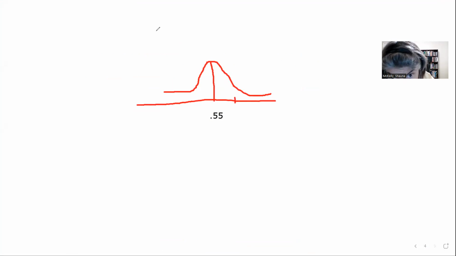So this is 0.60. At least 0.60 is going to be here. That's 60. So now you're going to shade this part, and we're going to look at this piece of the distribution.